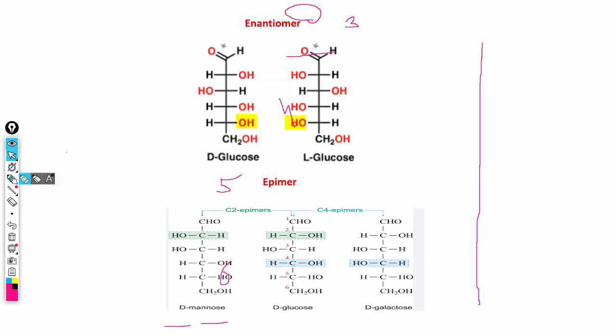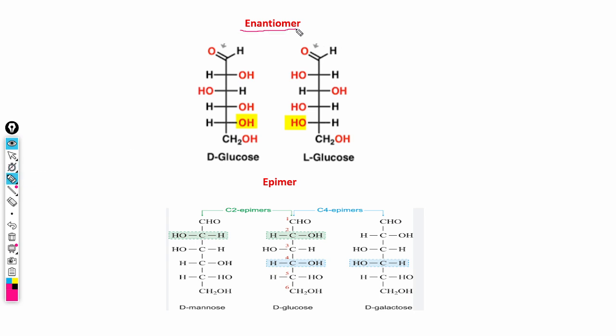Now come to the enantiomer. There are two types of enantiomer: one is D, another is L. D is dextrorotatory, L is levorotatory. Dextrorotatory means any molecule which can rotate the plane of polarized light to the right side.